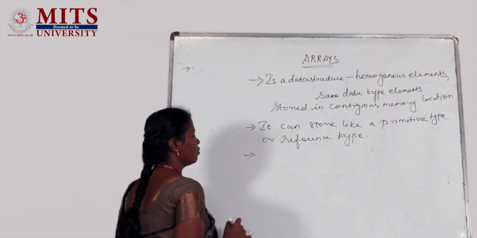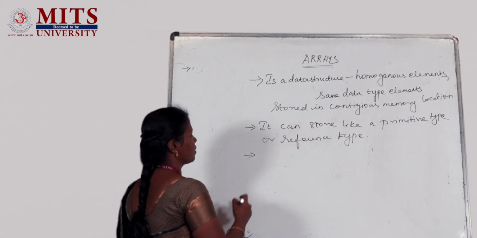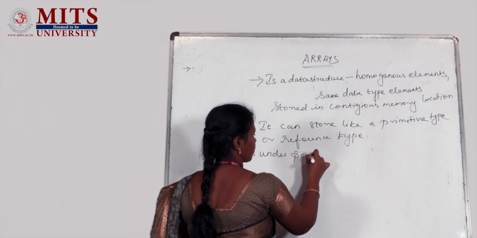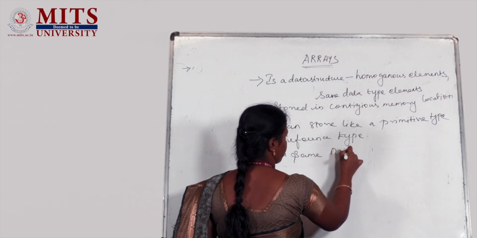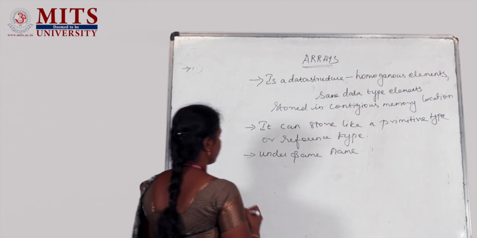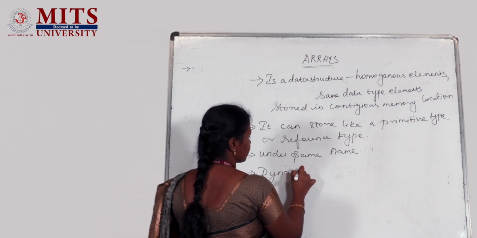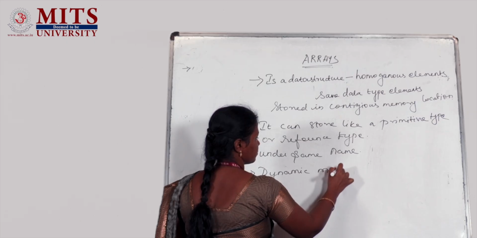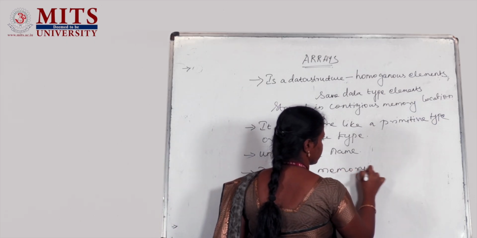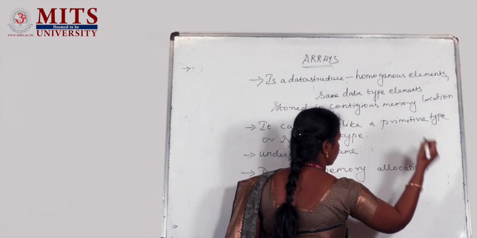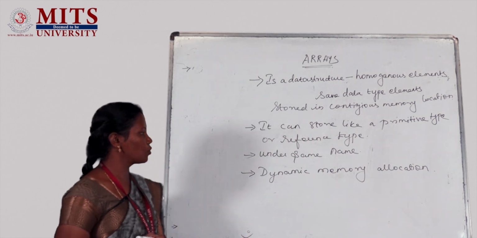So we can store many elements under the same name in terms of arrays. So it leads to a dynamic memory allocation. So these are the basic introduction to arrays.